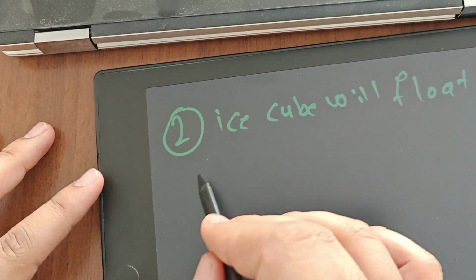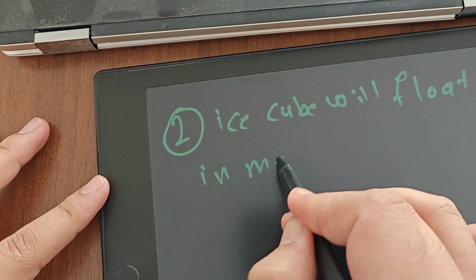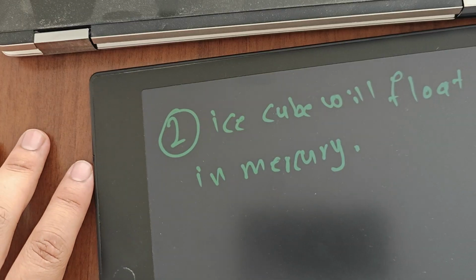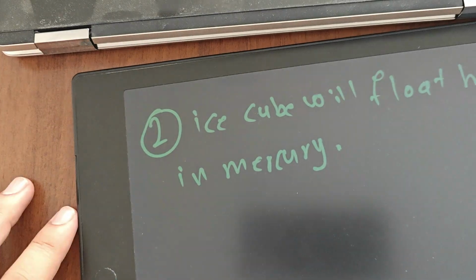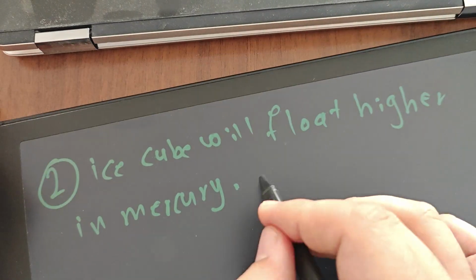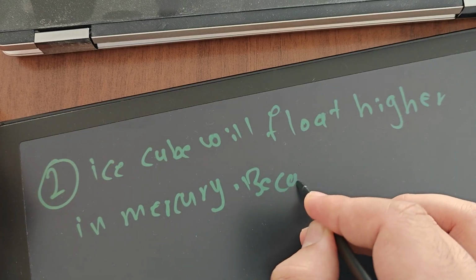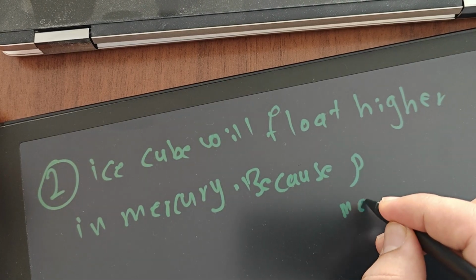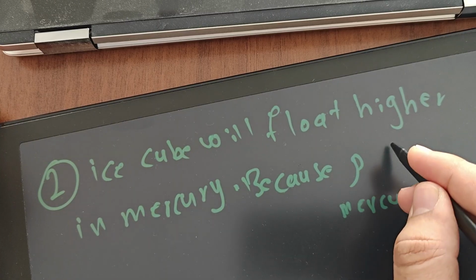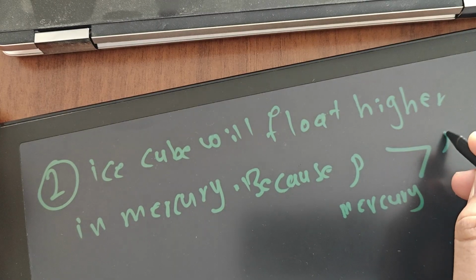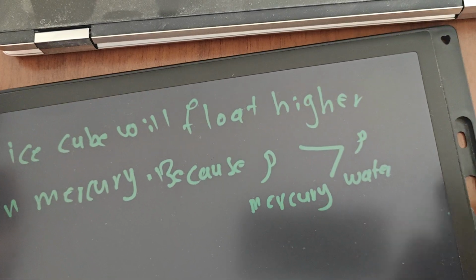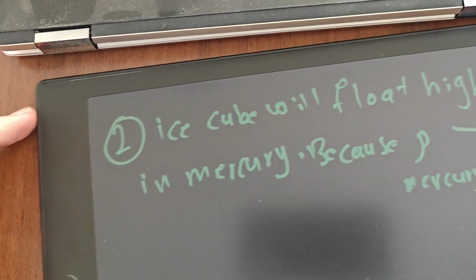Because mercury's density is greater than water density. Because the density of mercury is greater than the density of water.